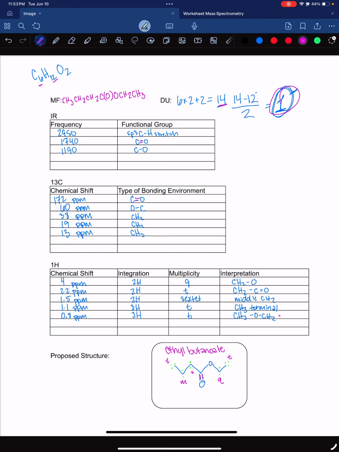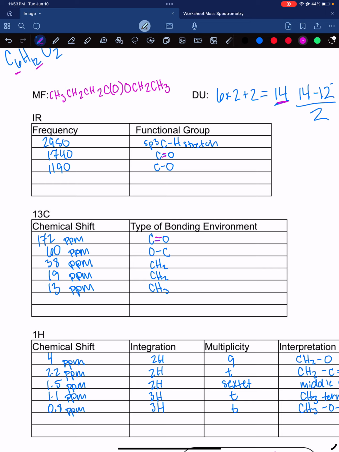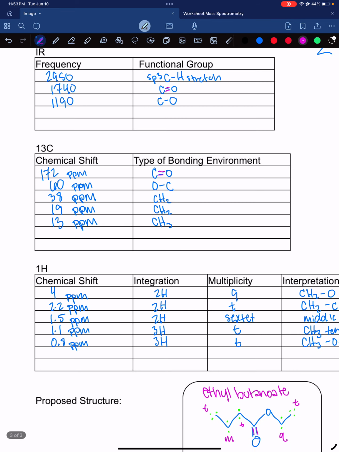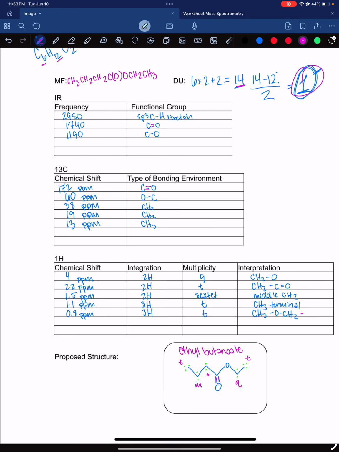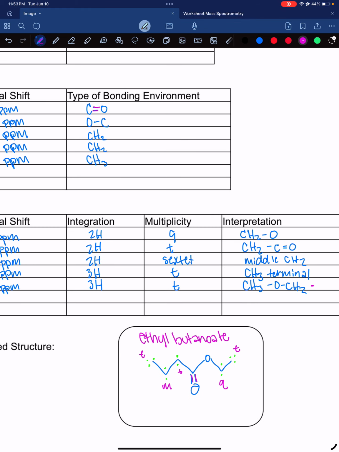So I don't really have to think about that too much anymore. I just ordered my frequencies, highest to lowest, furthest downfield to furthest upfield, just to confirm the things that I have found with my proposed structure.